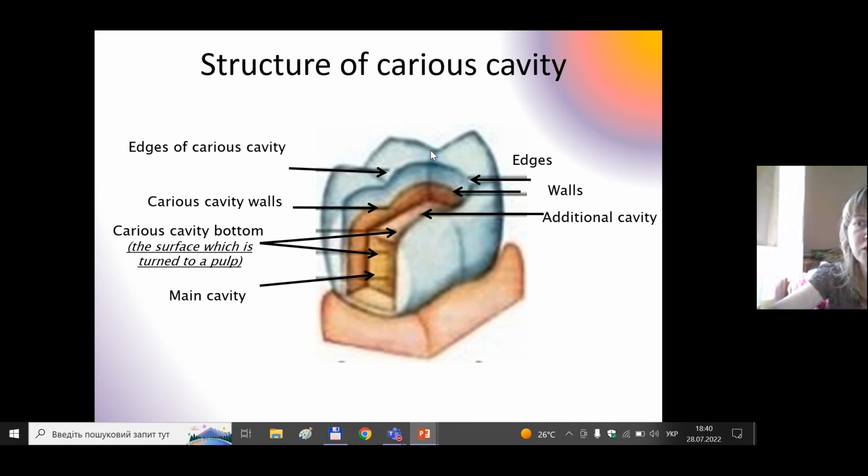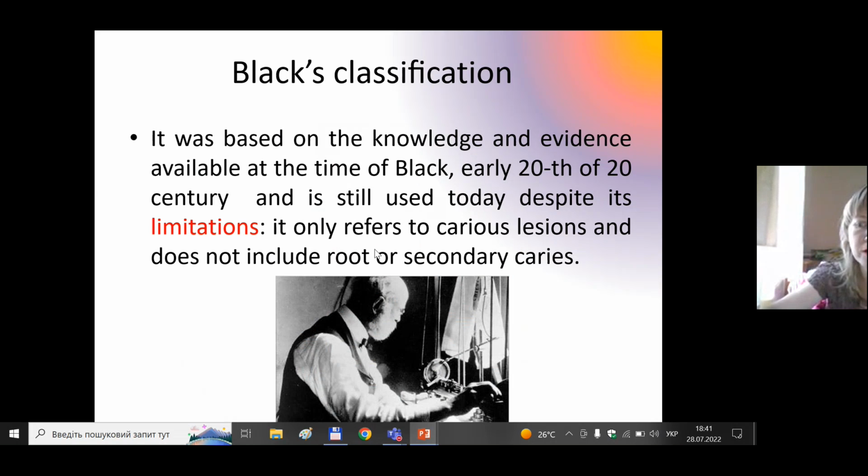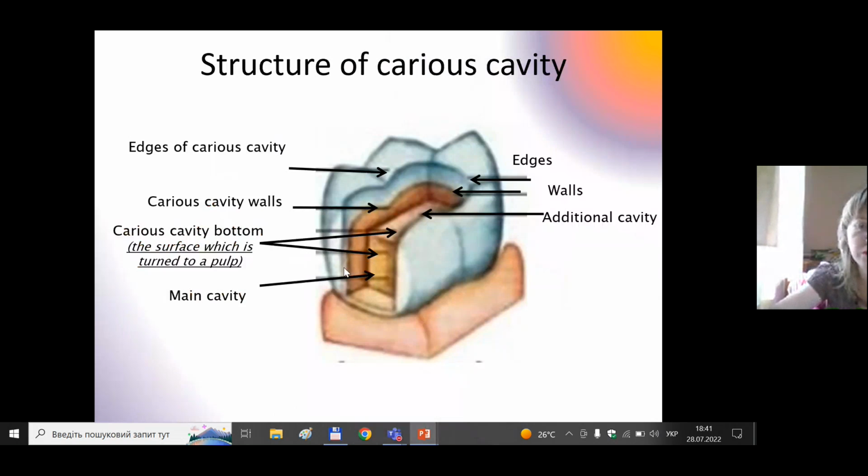So we have edges of the caries cavity, we have caries cavity walls, and the bottom here as well. Actually, what is the bottom of a caries cavity? It is that surface that is turned to the pulp. So this is the bottom, and this is also the bottom, because the pulp is below.